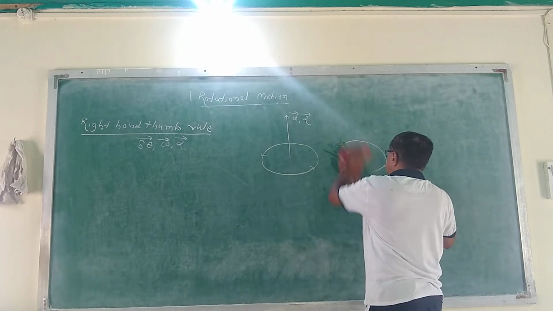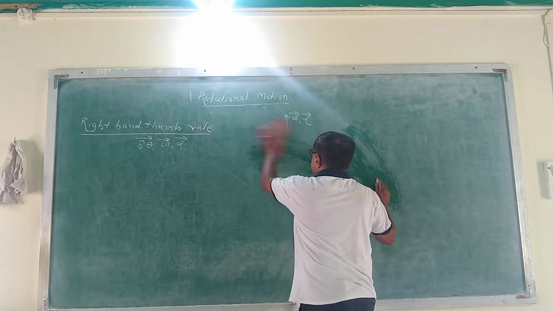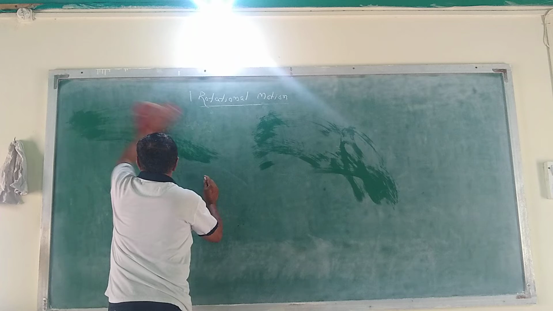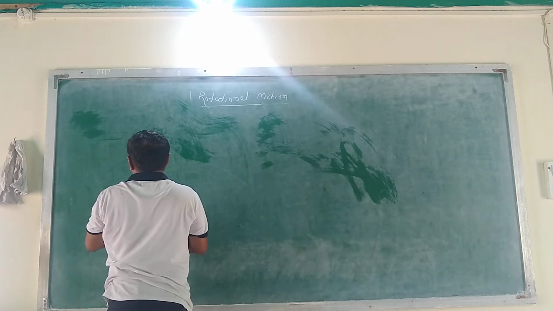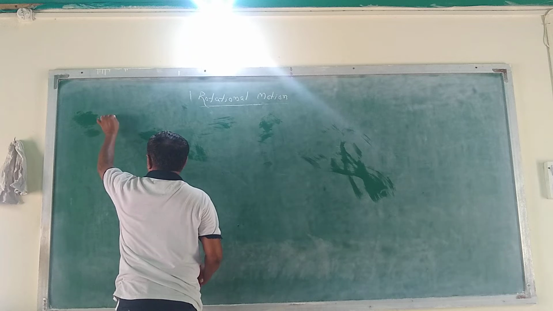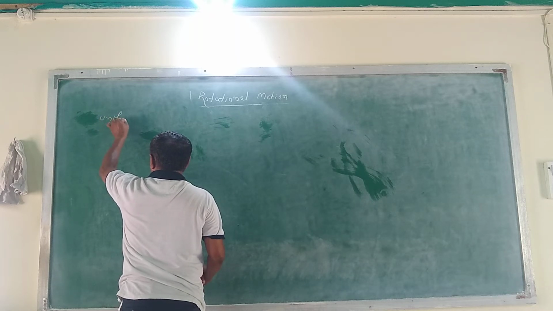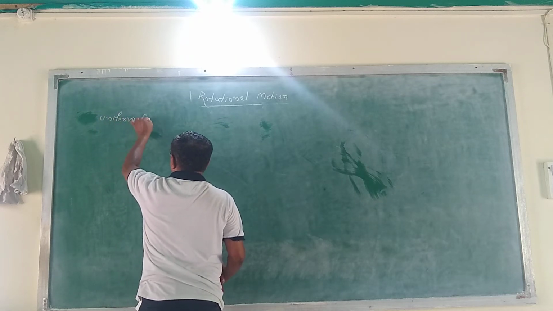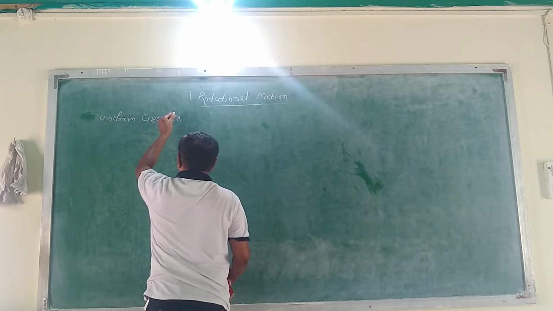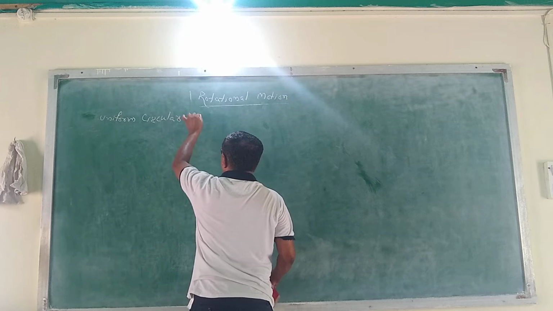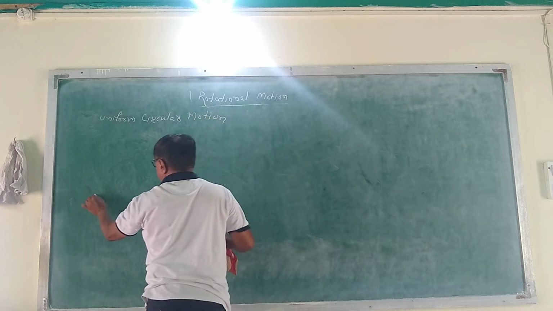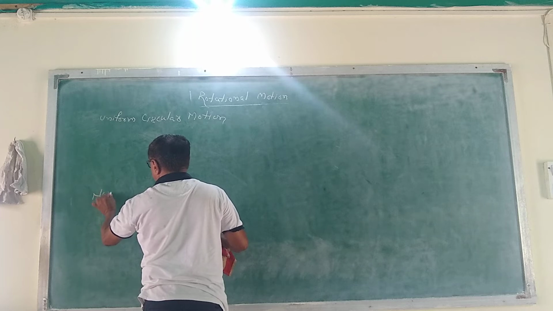Then the uniform circular motion. The second will be the non-uniform circular motion.